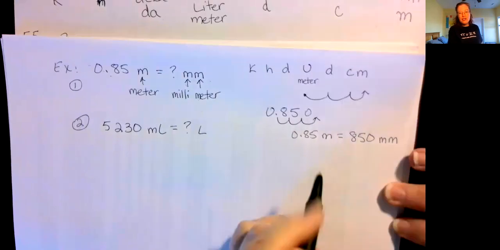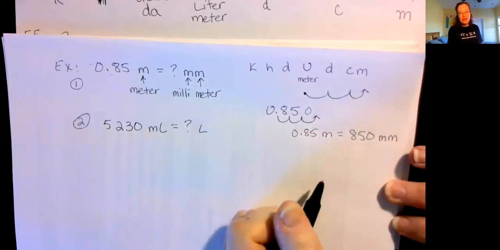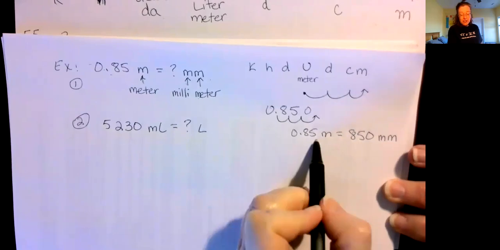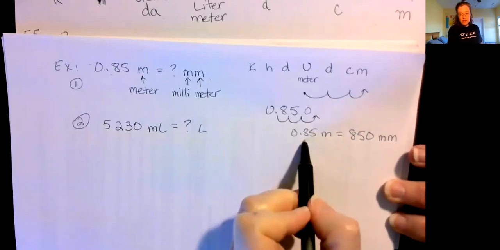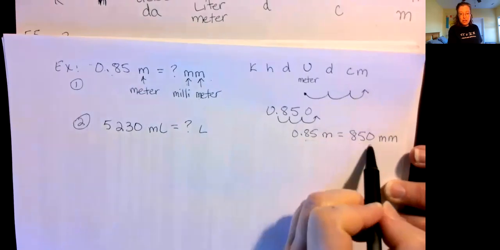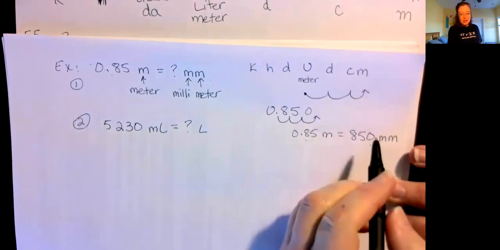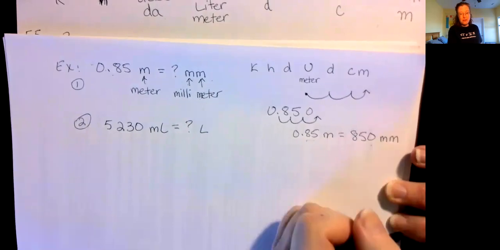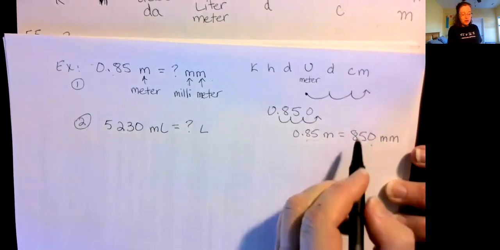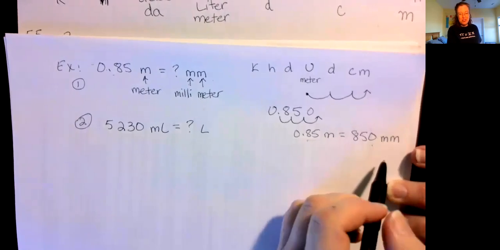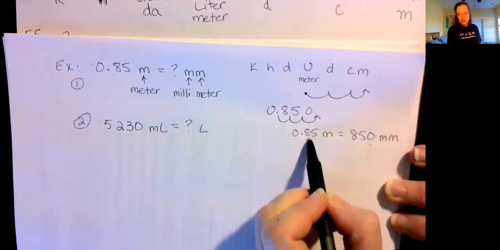If you've watched the information about significant figures, then you might notice that this number has only 2 significant figures, which means I can only have 2 significant figures over here. I will not draw a decimal point because I don't want the 0 to be significant. Just leaving it as 850 with no decimal point is the way to get 2 significant figures, just like in 0.85.